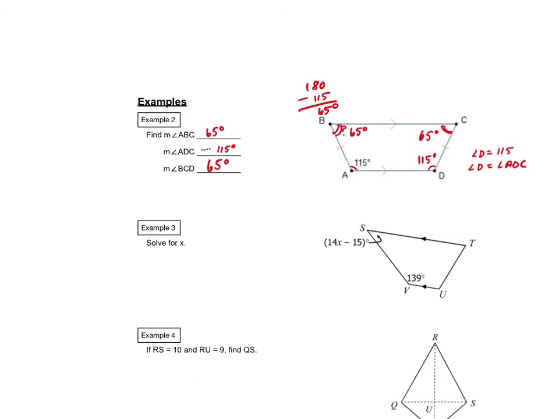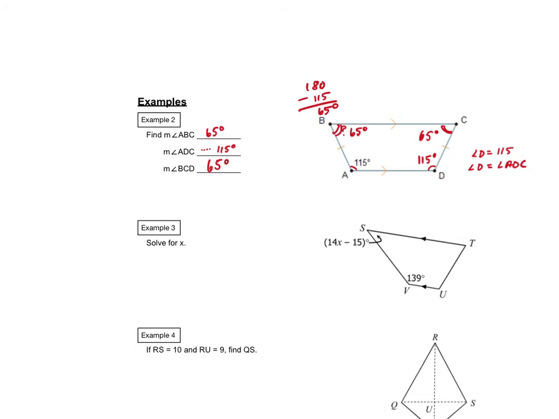Let's look at the next example, example number 3. It says find the value of x. We have an expression here with x, which tells me that this angle is going to be 14x minus 15 degrees, and then this is going to be 139 degrees. I know because of the properties that we have these two parallel lines, and you can see they're cut by a transversal.